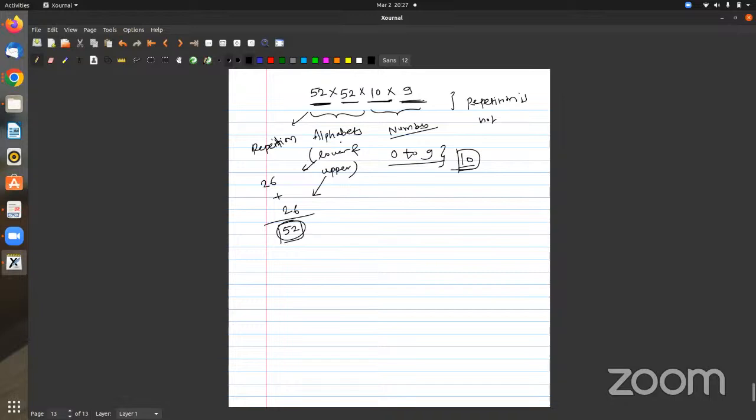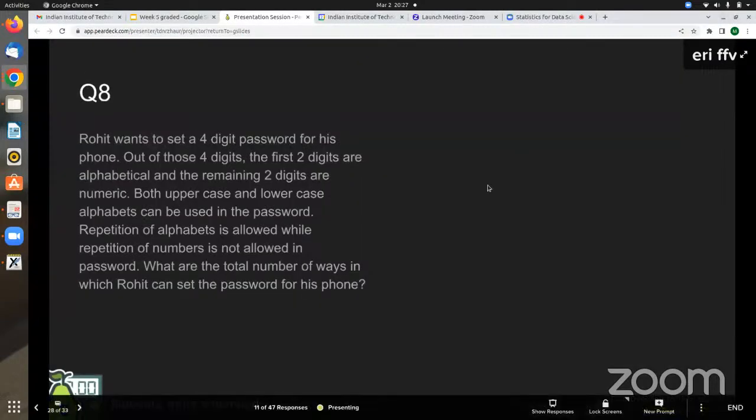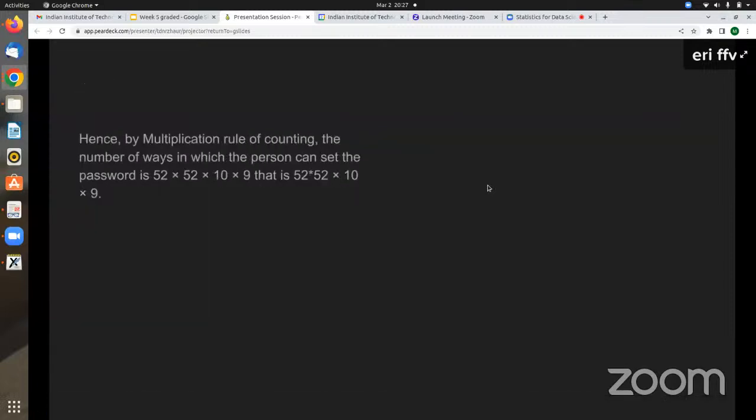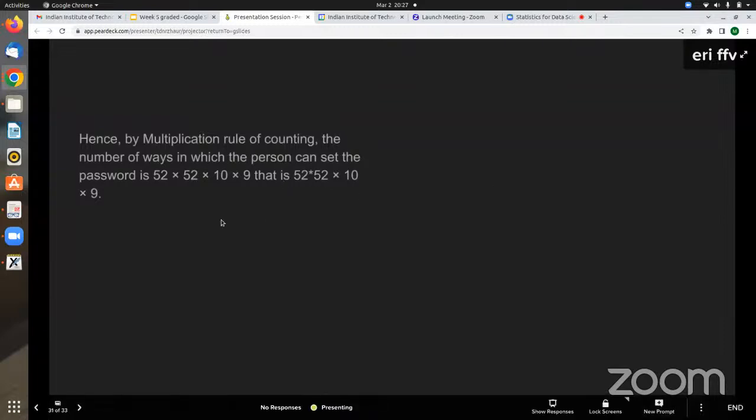So the total will be 52 into 52 into 10 into 9. These are the total number of ways. It was an easier question. We'll see the calculations: 52 into 52 into 10 into 9 should be the correct answer.